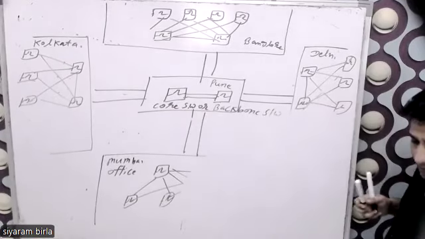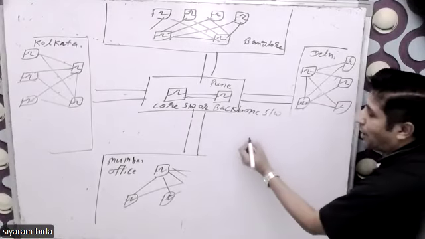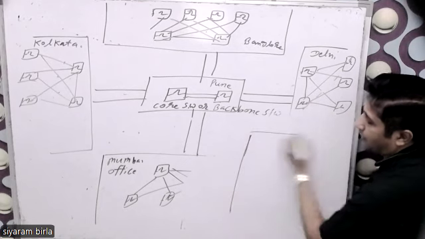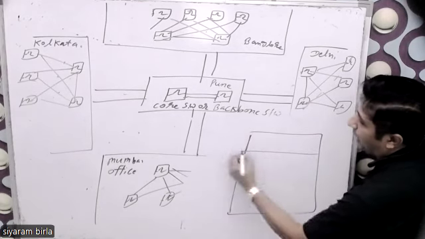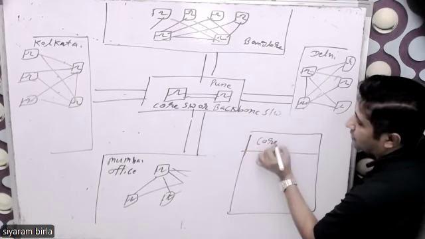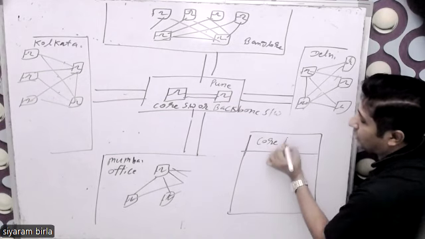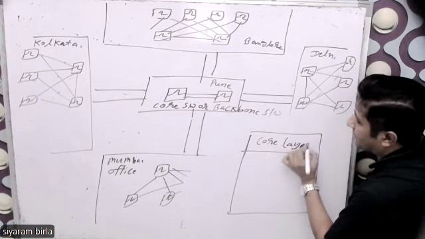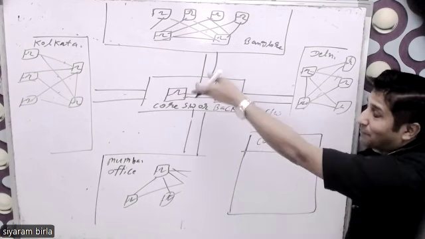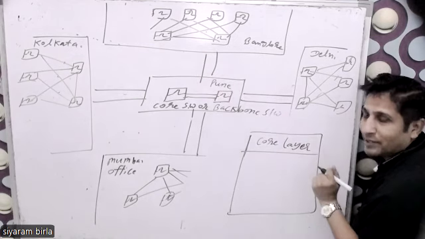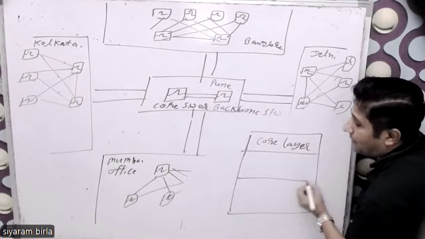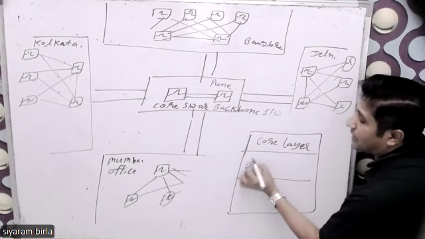At the top, my core switches are there. So that is called the core layer. My core switches are situated over there. And then my distribution switches are there.